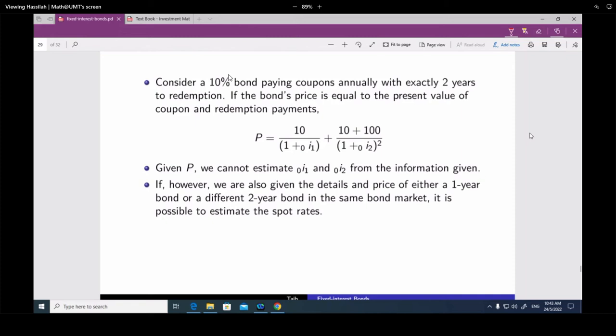Exactly 2 years to redemption. If the bond price is equal to the present value of coupon, bond price, so this is bond price, equal to present value of coupon and redemption payment.